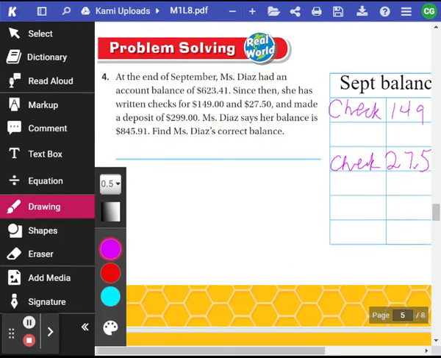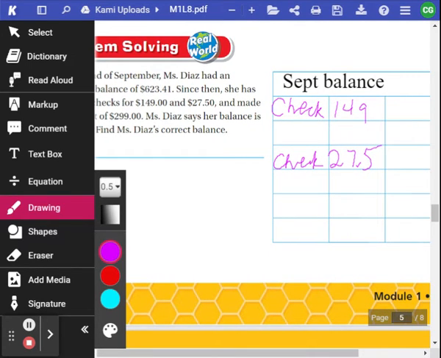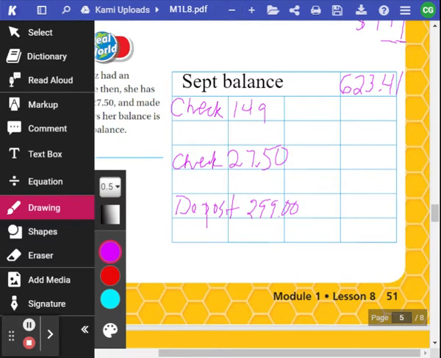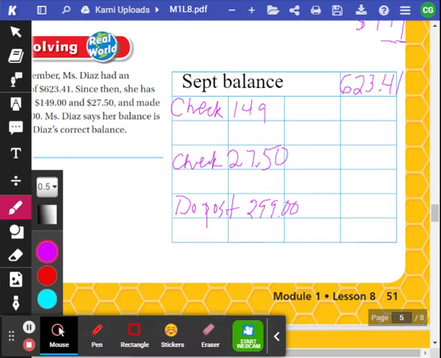Let me move this over just a bit. And then we had a deposit. And remember when we said that we make a deposit? That's when we're adding in, right? Our account gets bigger. So that's for $299.